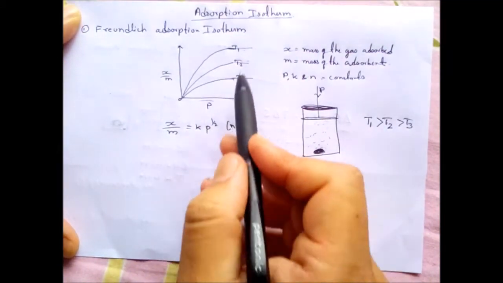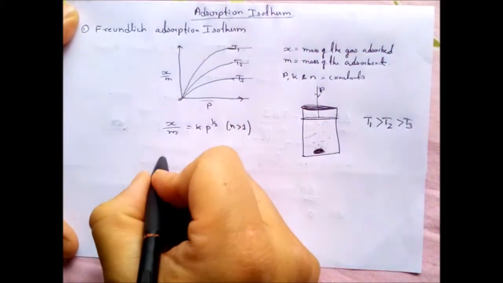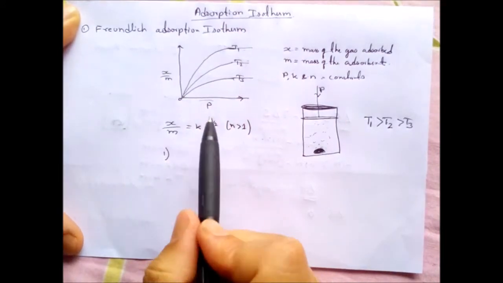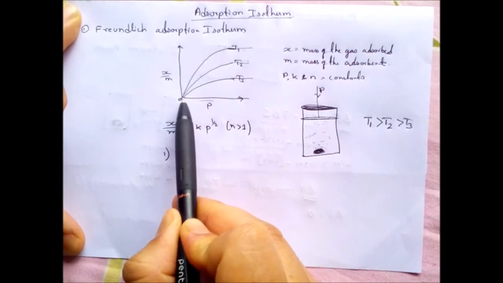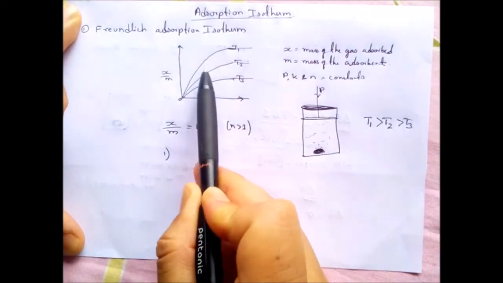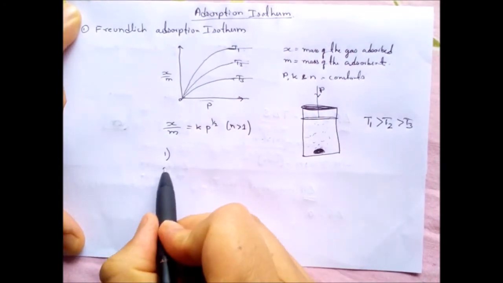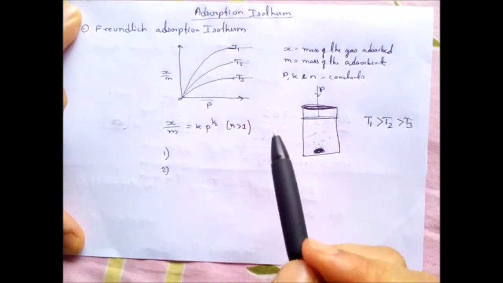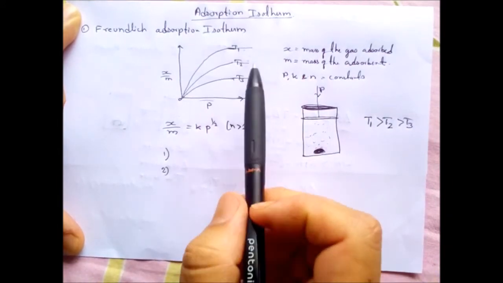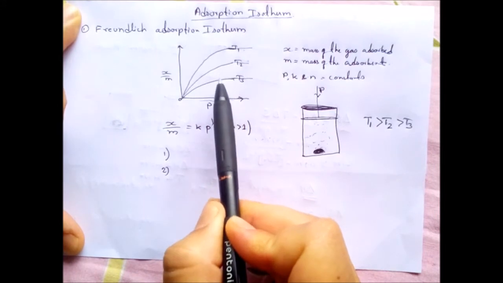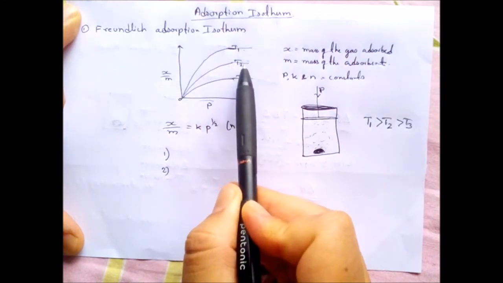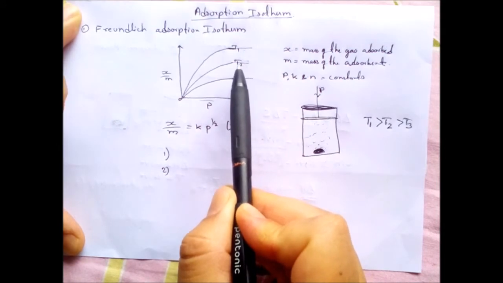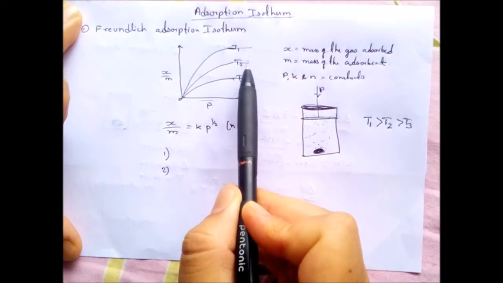Now we have to analyze this graph. The first conclusion is that initially with the increase in pressure, the rate of adsorption increases. Point number 2: after some time it reaches a saturation point where no matter how much pressure you apply, the amount of adsorption does not increase.